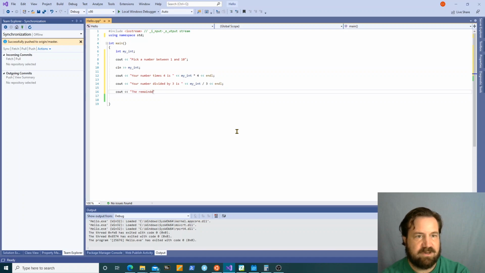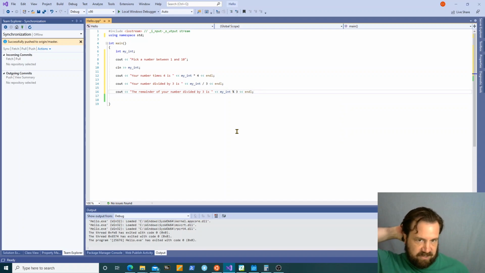The remainder of your number divided by 3 is, okay, my int percent 3, endl.